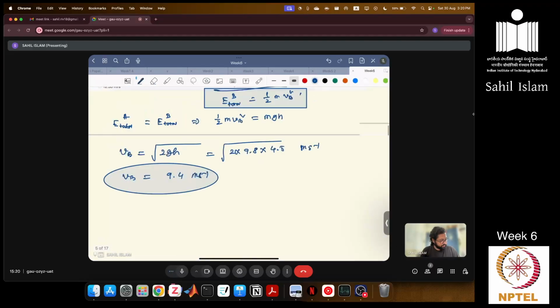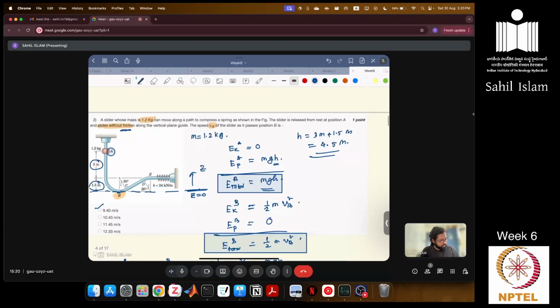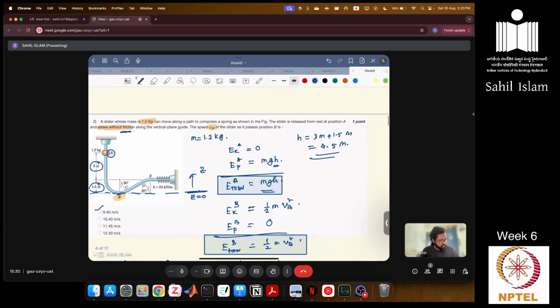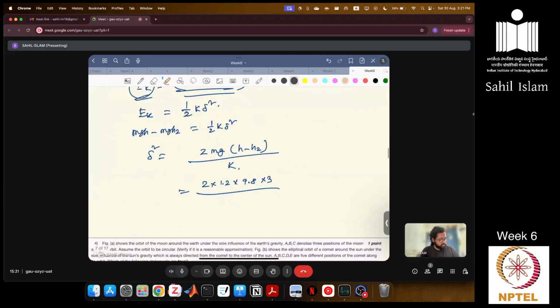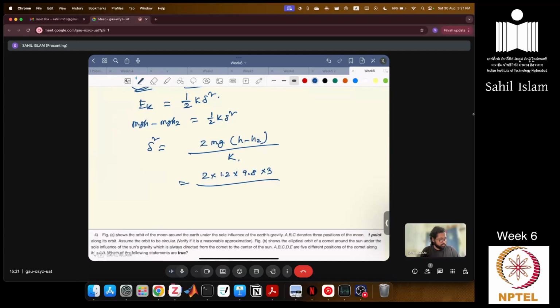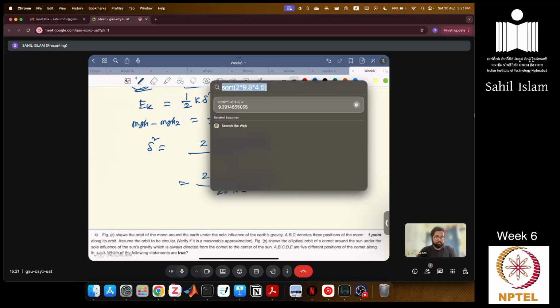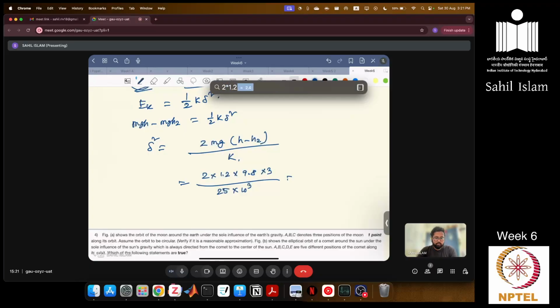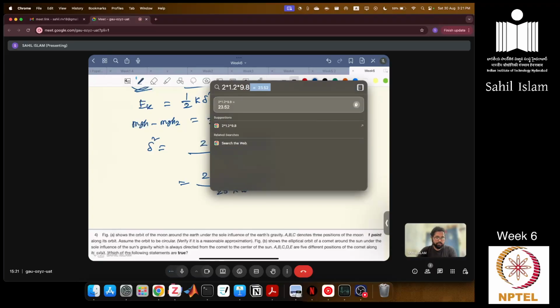See, k is given here, 24 kilonewton per meter. So k is 24 times 10 to the power 3. Okay, so let's calculate this: 2 times 1.2 times 9.8 times 3 by 24 times 10 to the power 3.